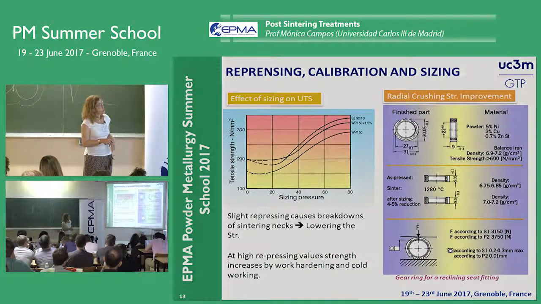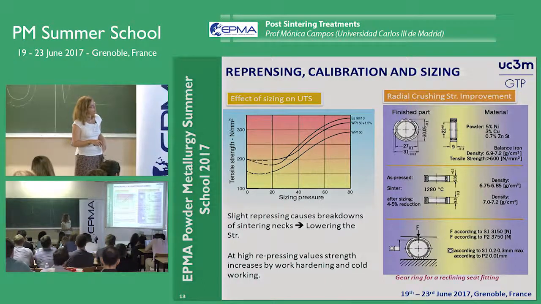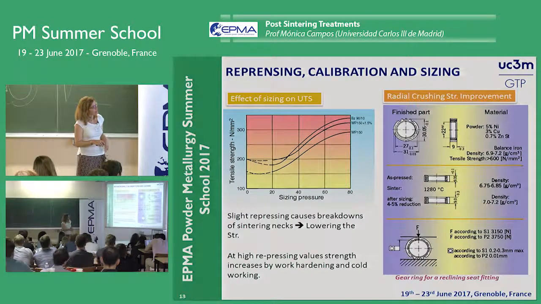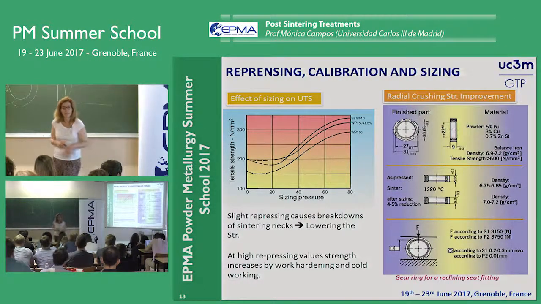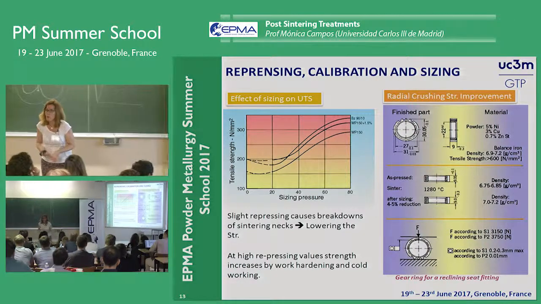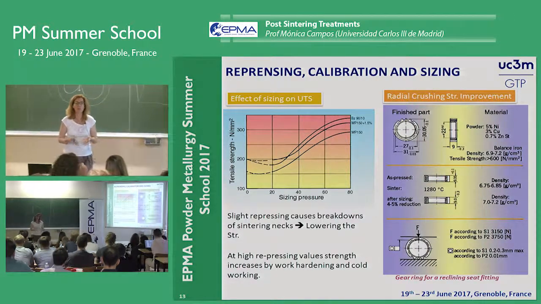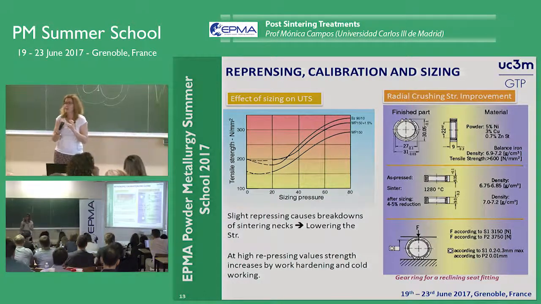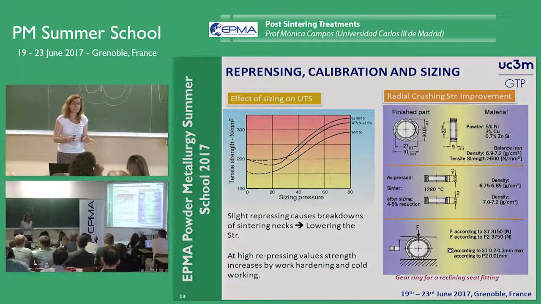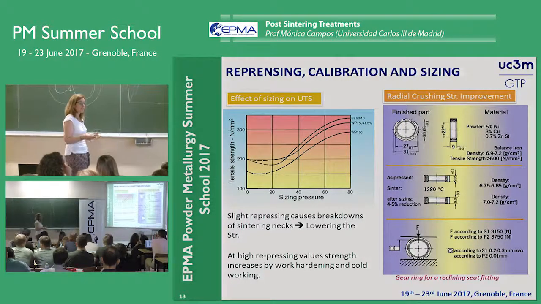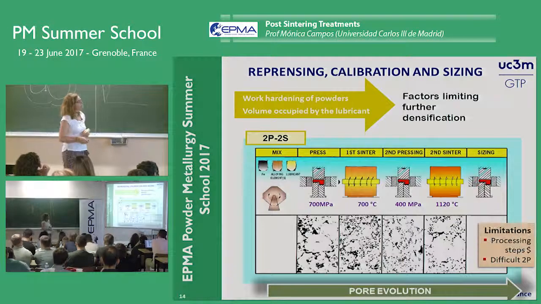After sizing, with a 4–5% of reduction, we can increase the density to that level, and then we can increase the radial crushing strength of the component. This is a very attractive way to increase the performance without touching the chemistry of our material. This is an option that we have to increase this level of performance.